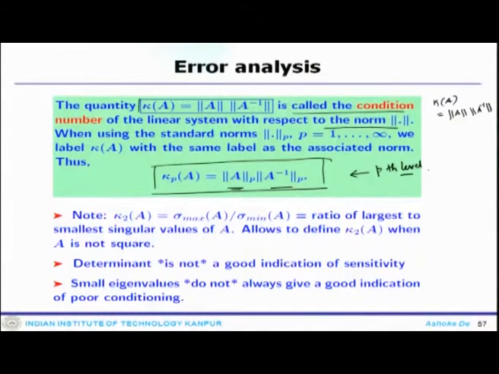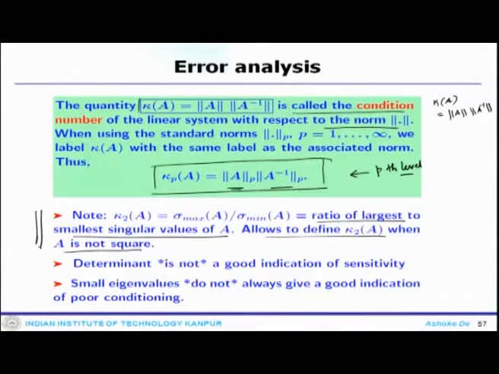Now, one can note here that kappa 2 is the ratio of the largest to the smallest singular values of A. So, it allows us to define the condition number even when A is not square. This is a very important note.